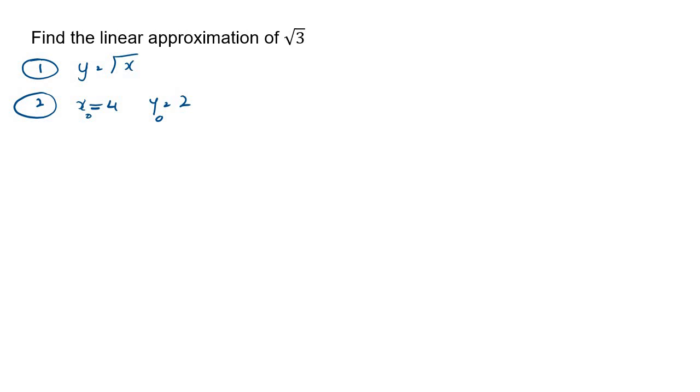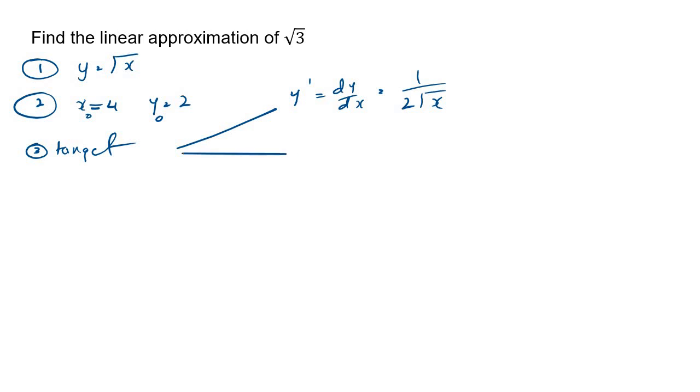Next thing is we find the tangential line. So 3, the tangent. For that, we get the derivative. Y dash or dy over dx, we have seen that it is 1 over 2 square root of x. And then we get the gradient at x equals 4, or x0.